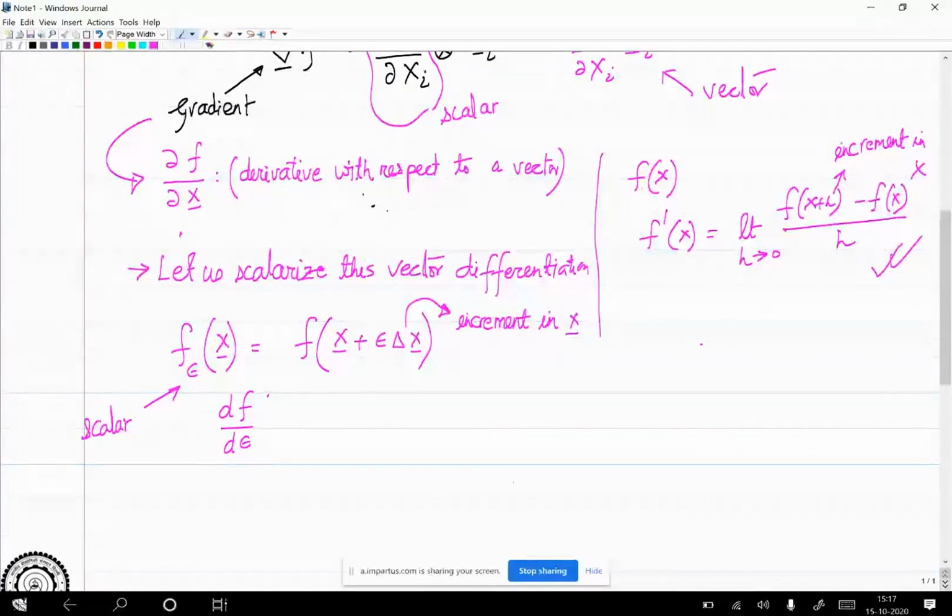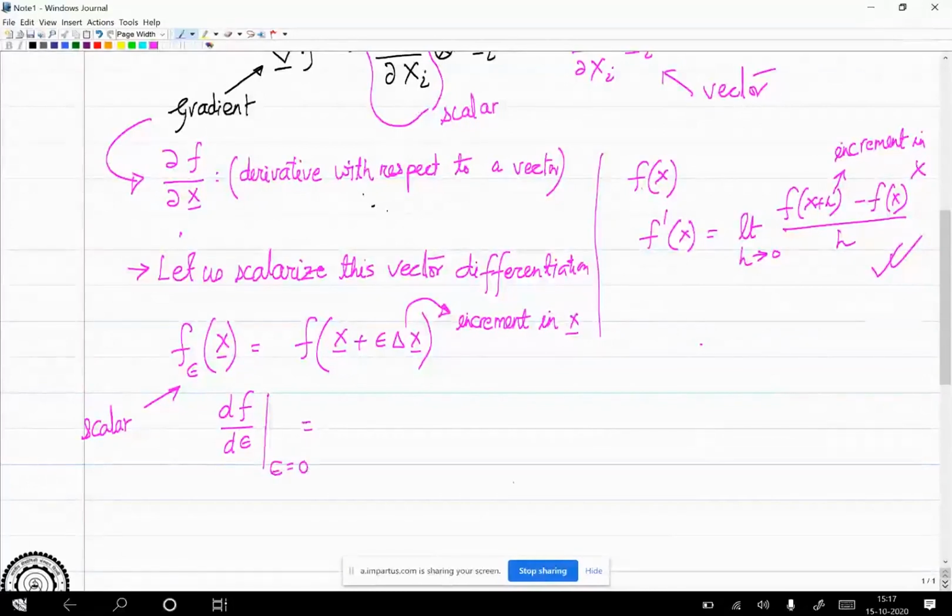So here we have now f as a function of epsilon, and I want to take the derivative with respect to epsilon. So how will we do it? So let us do it at epsilon equal to 0.